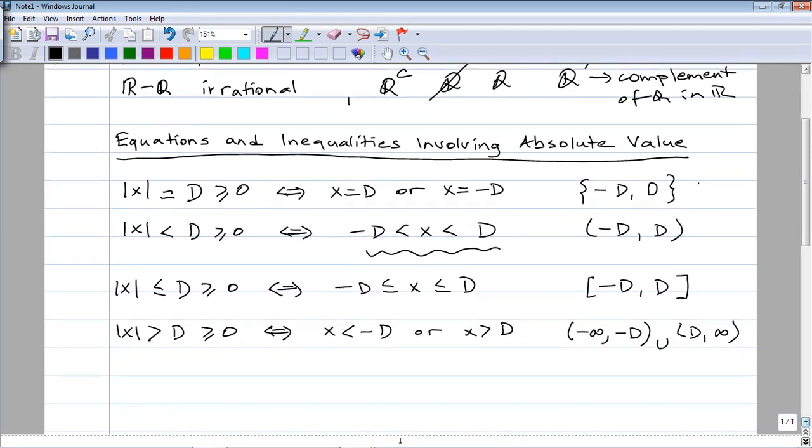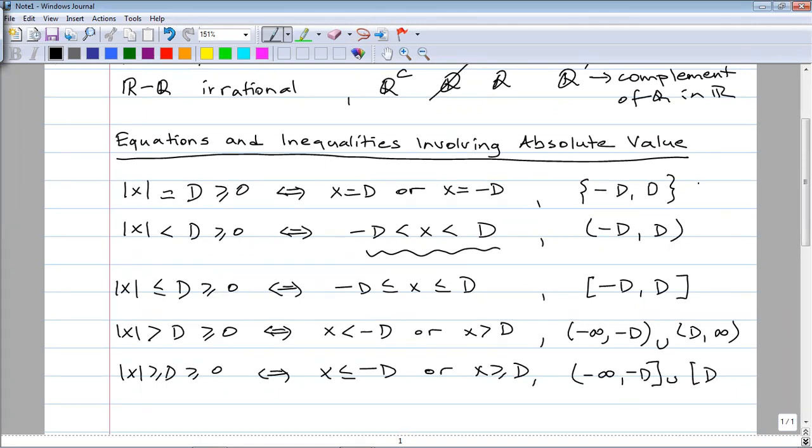And similarly, for greater than or equal to, then you put less than or equal to, greater than or equal to. So in your interval, you close at minus d and d. Okay.